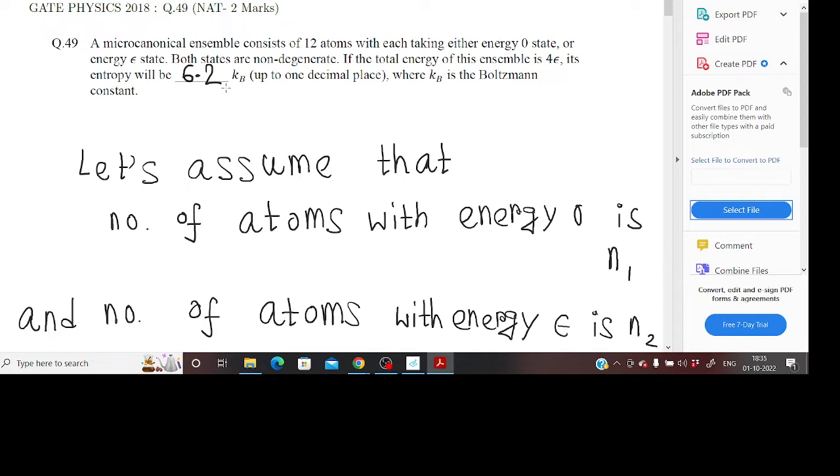Similarly, there are 4 atoms with energy epsilon, and they also look identical. So you have to divide again the total number of ways in which you can arrange them by 4 factorial. That's all.